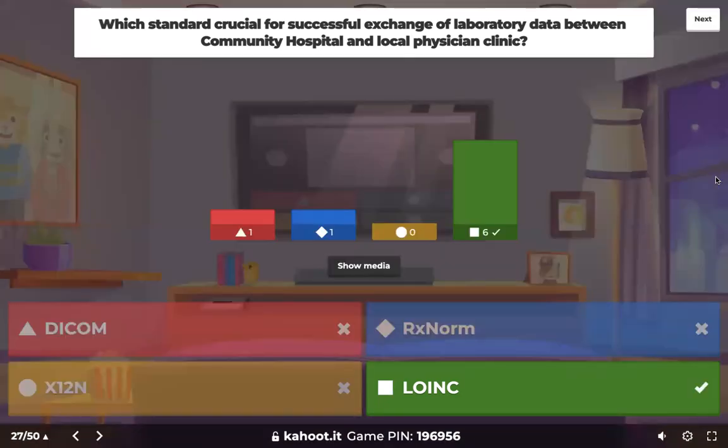All right, everyone got it right, except for a few people. The answer is LOINC, okay? So when you hear the word laboratory, I want you to always think about the word LOINC. Laboratory data, that is going to be the standard.